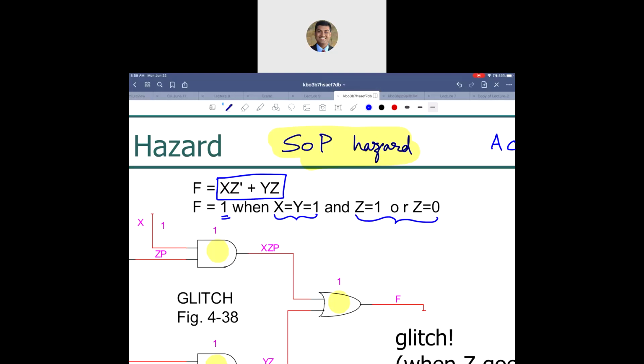In other words, if I hold X and Y at 1 and I change Z, F should not change. Right? So that's what is expected because of this particular logic expression. As long as you change only Z, hold X and Y, F shouldn't change. Let us see if that is the case.